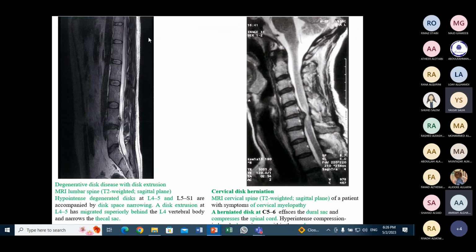What is this image? Is it a plain X-ray? Ultrasound? What is this? Yes, MRI. Which plane? Coronal? Axial?